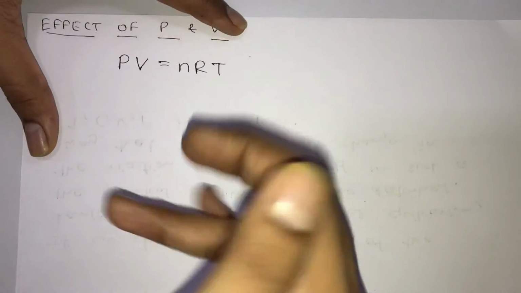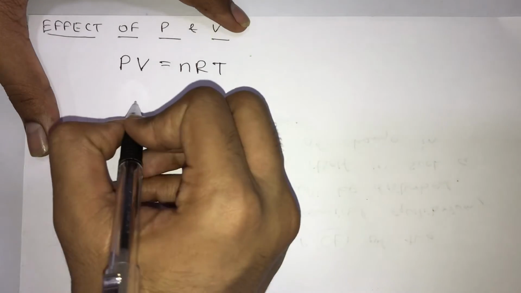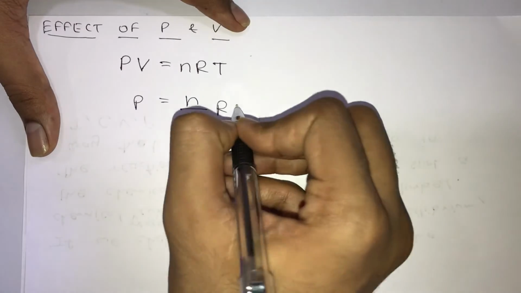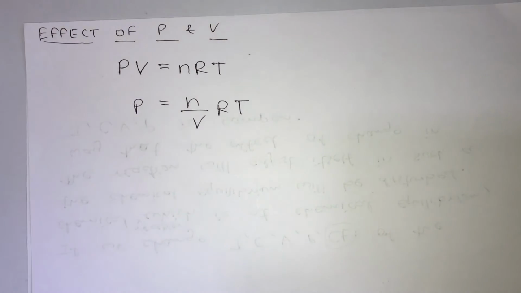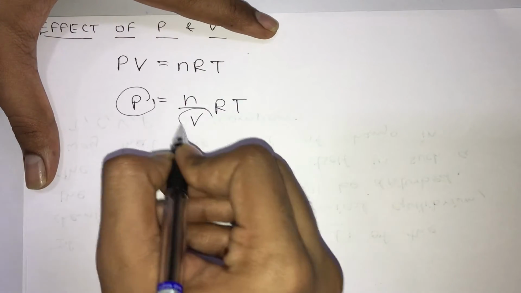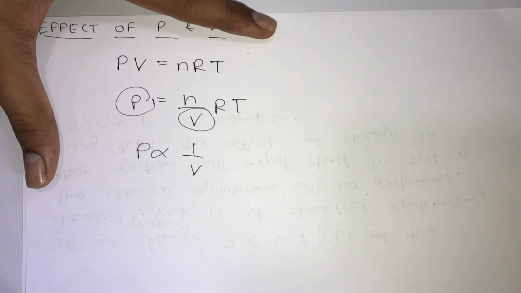Now with the help of this equation, I am going to shift this V to the right hand side. So guys, this is what I get, P equals nRT upon V. Now here can I say that pressure is inversely proportional to volume? Why am I saying so?